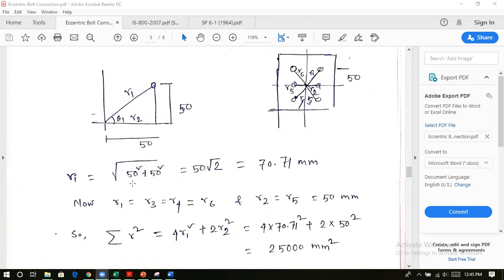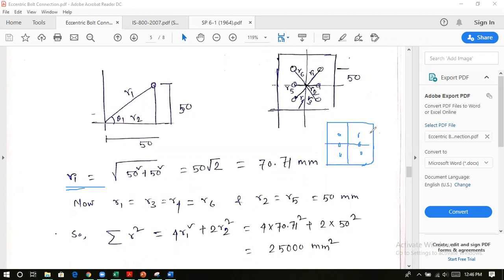represents bolt number 1. That is, if we see the figure, here the column was like this. There are 6 bolts. The CG of this was passing like this.